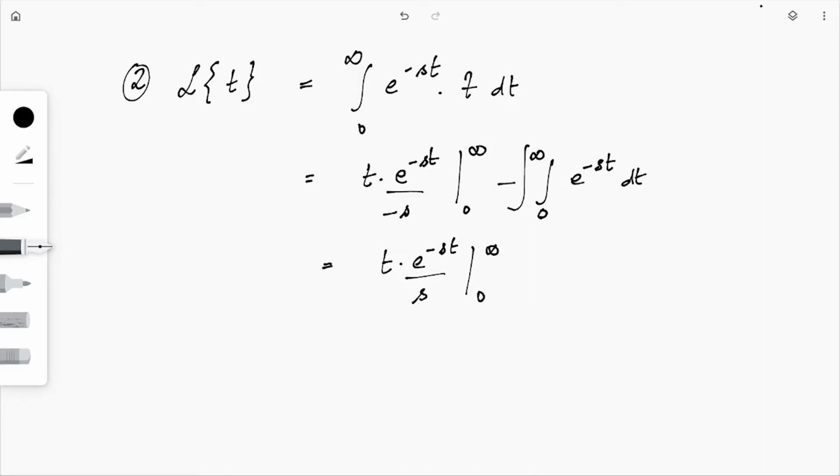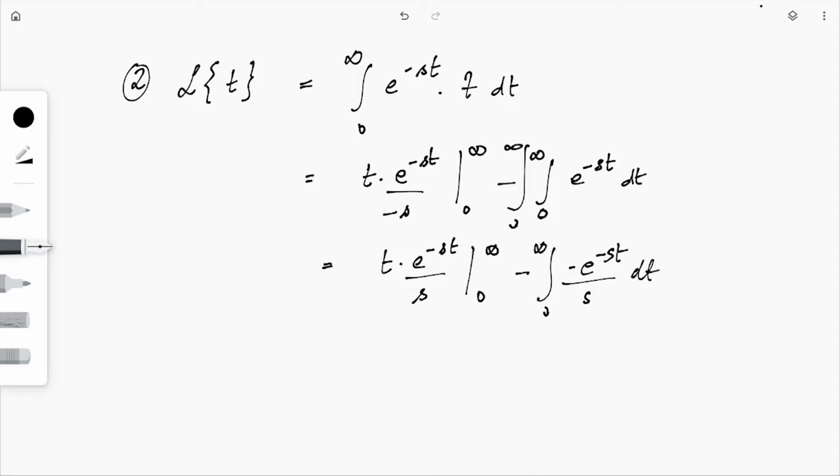This is our integration by parts, that is the integral of the second function into the first function, minus the integral of the derivative of the first function into the integral of the second function. So there is one more integral over here. Now what is the integral of this value? This is minus, minus, that is what we have done right now, e raised to minus st by s. Again there is one more integral sign.